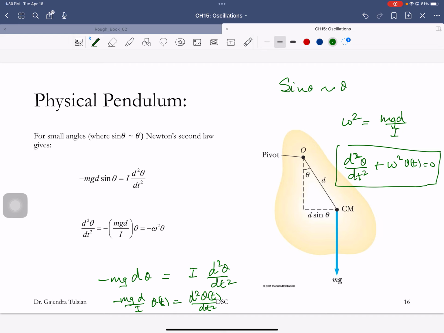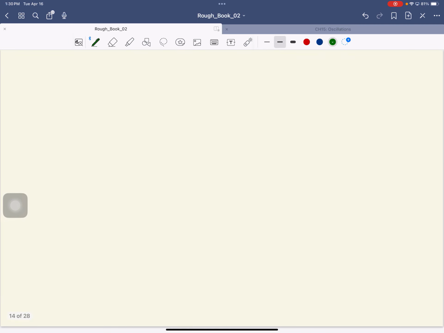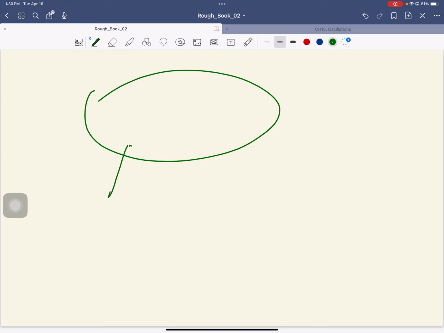All right, so let me give you an example. Why do we do all of this? Here's a real life example. Let's say here's an animal. Here's the leg of the animal. When it's walking, this is a physical pendulum. You can calculate the period of this physical pendulum. There's a point of suspension.